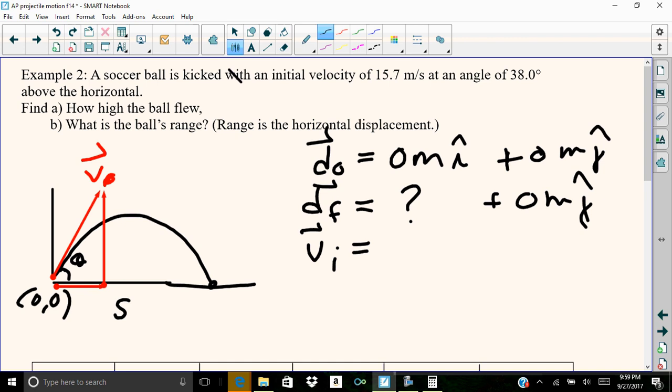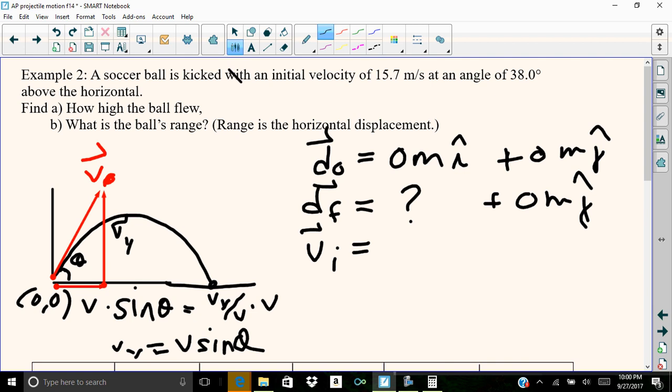Sine theta is equal to the opposite side, which is Vy, so it's Vy over V. If I multiply both sides by V, I end up with Vy is equal to V sine theta. So that's my y component.